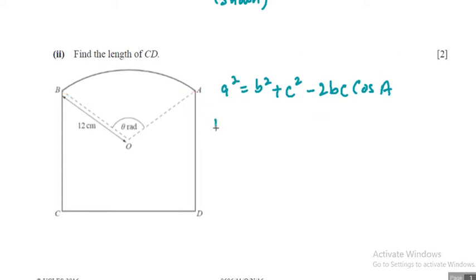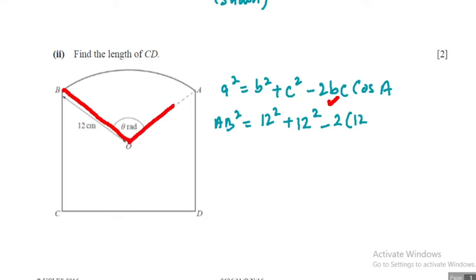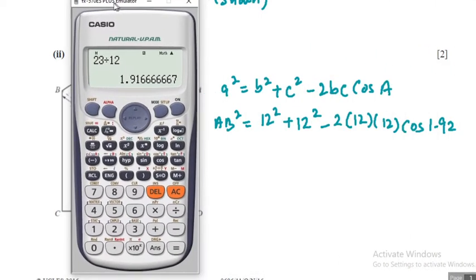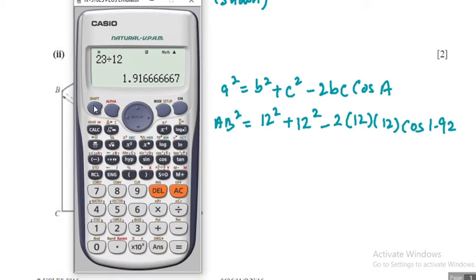So AB squared equals 12 squared plus 12 squared minus 2 times 12 times 12 times cos 1.92. This theta was 1.92 radians, so be careful when you press the calculator. Make sure your calculator is in radian. Set it in radian first.